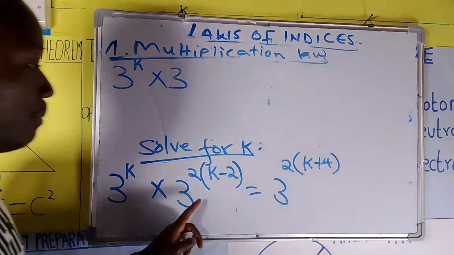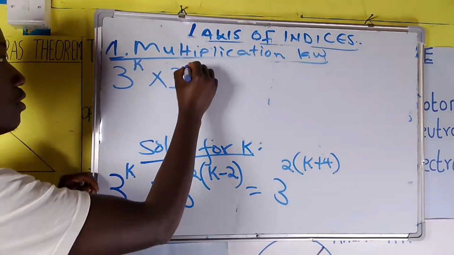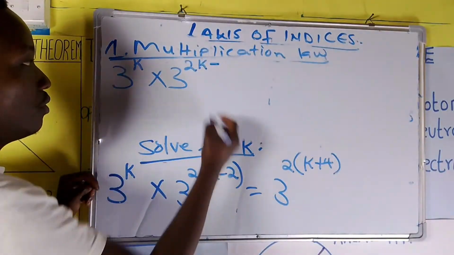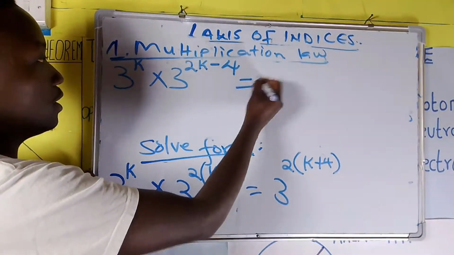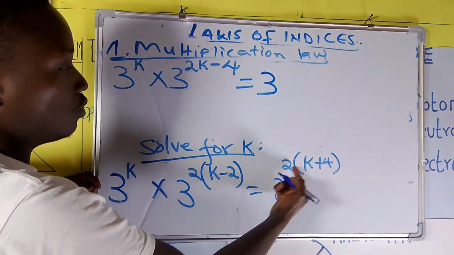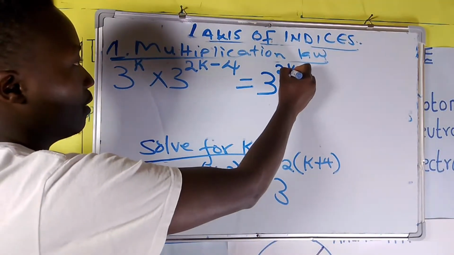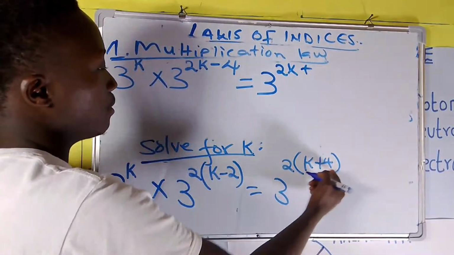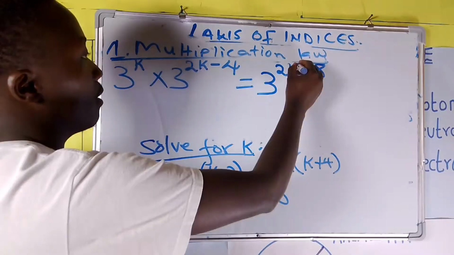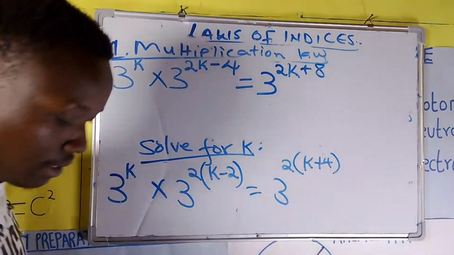We now work out the powers. 2 times k is 2k minus 2 times 2 is 4 is equals to 3 to power 2 times k is 2k plus 2 times 4 is 8. So this one is 2k plus 8.